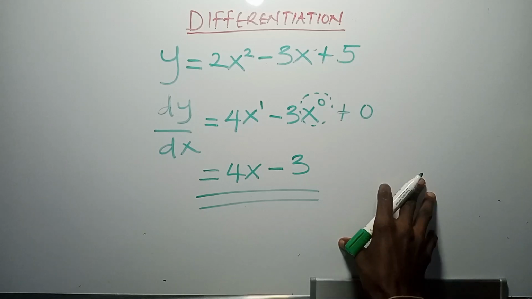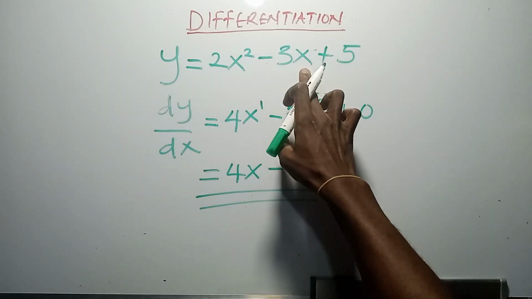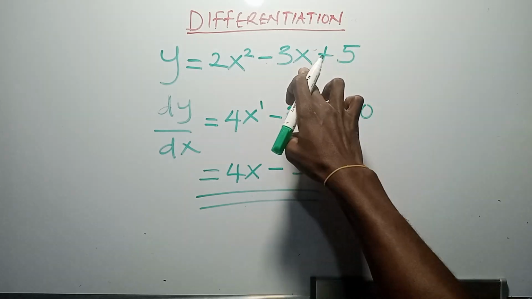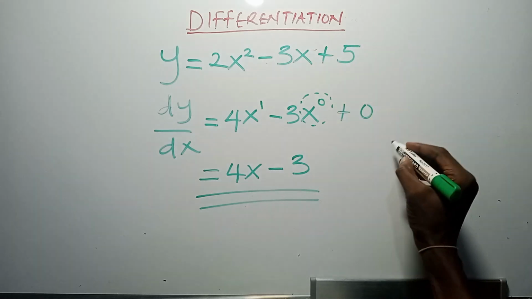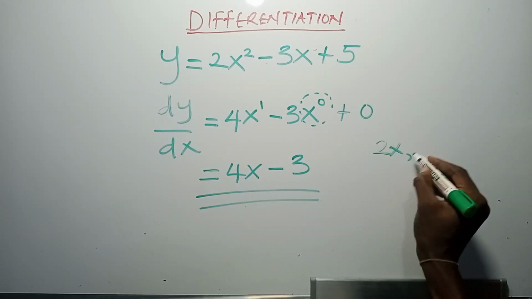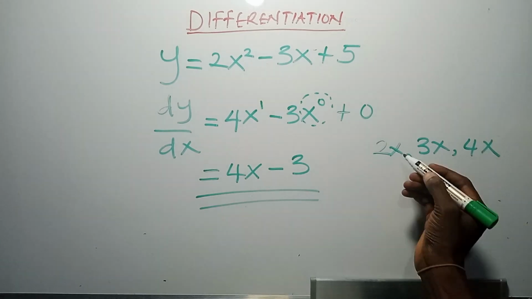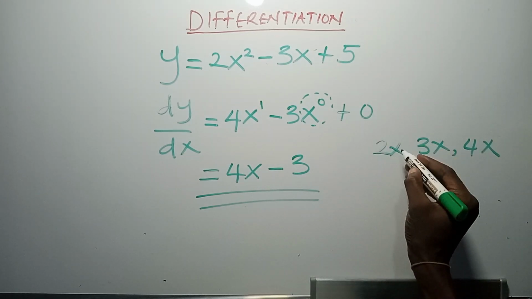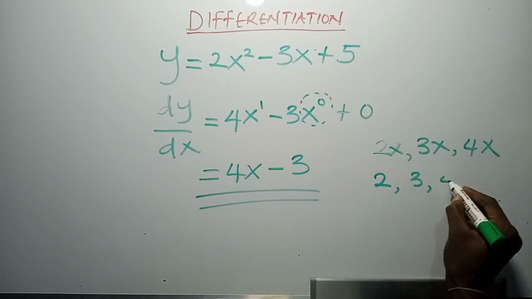And I need you to know that each time you're differentiating a term, for example, 3x, where the x is not raised to a power greater than 1, I mean, something like 2x, 3x, 4x, if you're differentiating with respect to x, it is still the same thing as getting rid of the x and then you're left with 2, with 3, and with 4.